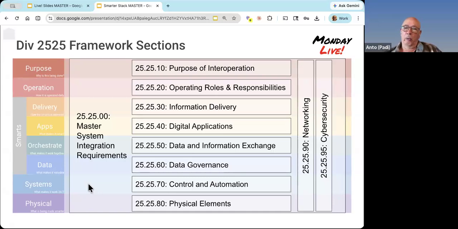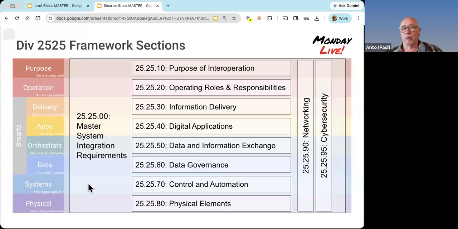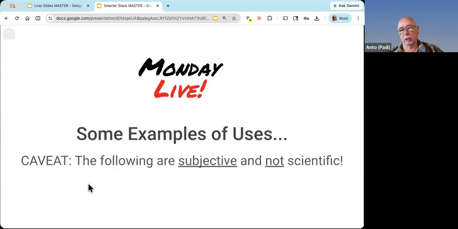So this is how we did that. And if you look at the Div 2525, it is basically based on this structure. There are other examples, but if you go to that link that I provided you, it provides all of what you're seeing here. So that was created about 4 years ago.